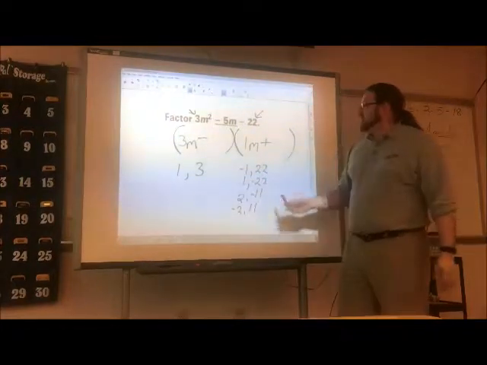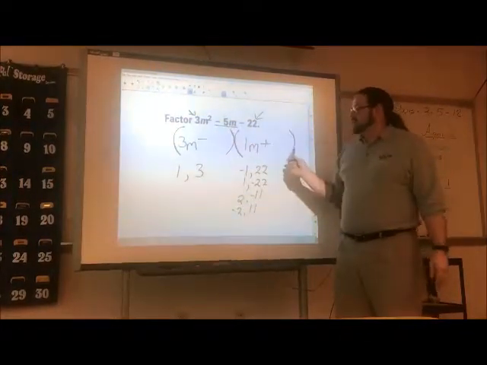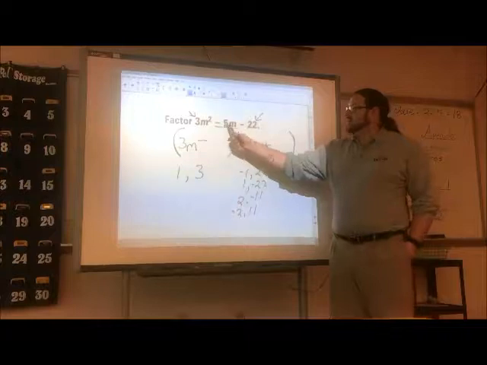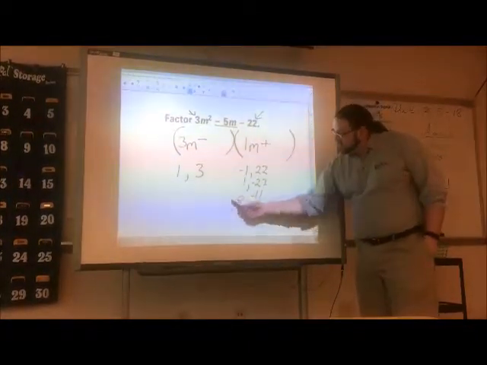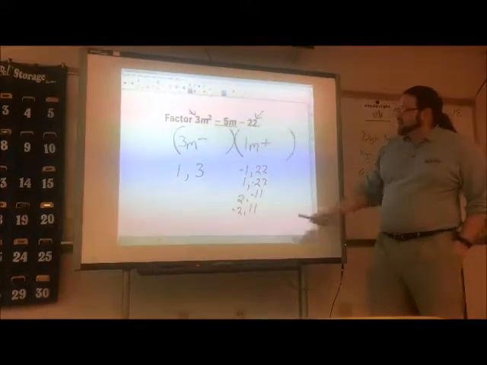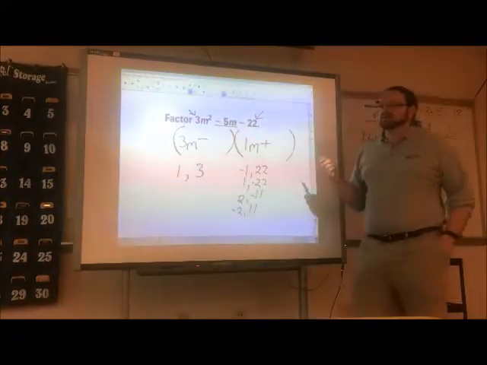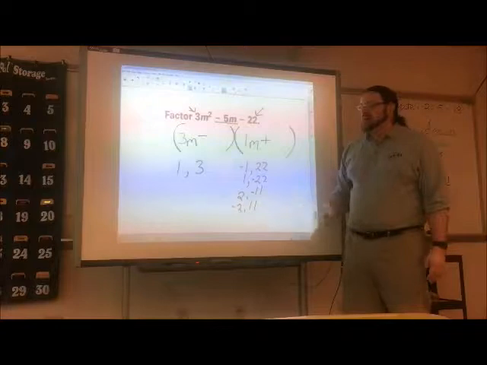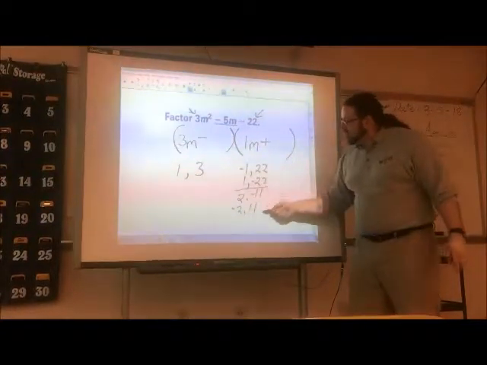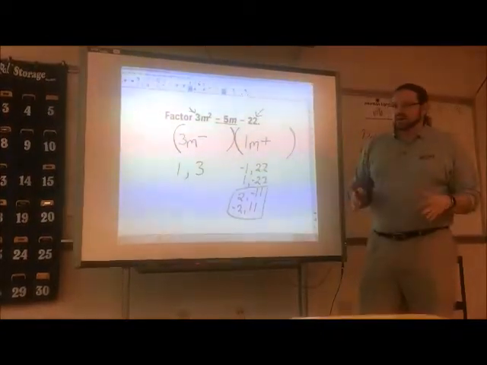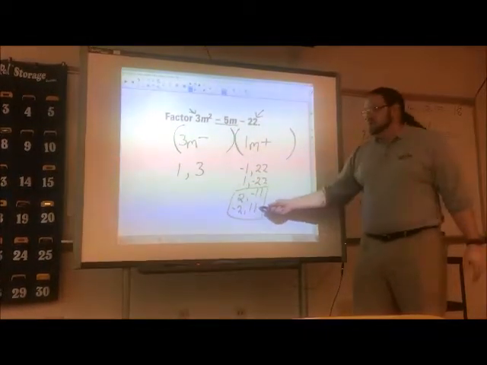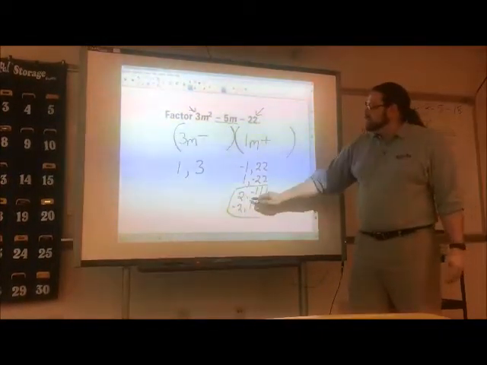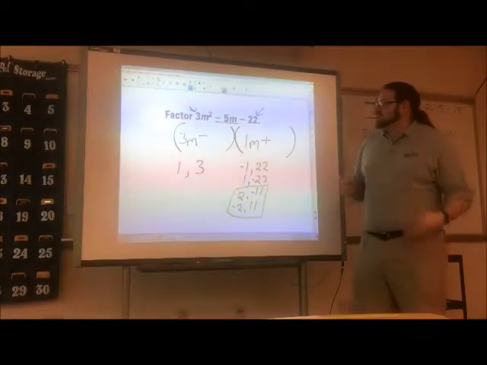So now we have to figure out, where are we going to put these? To get to negative 5, I'm thinking this might be a little easier because 2 times 3 is 6, and 6 plus 5 gives me 11. So I'm going to start off with these here. Okay, those are the trick of the trades I was talking about. After you do this for a while, you'll be able to see that. So now the question is, where do they go?